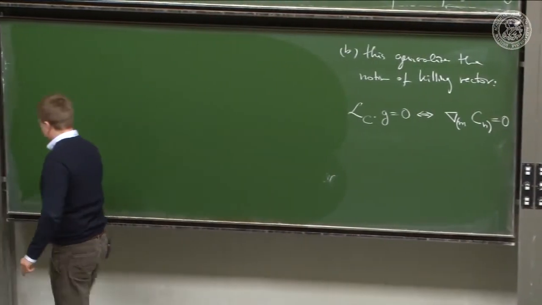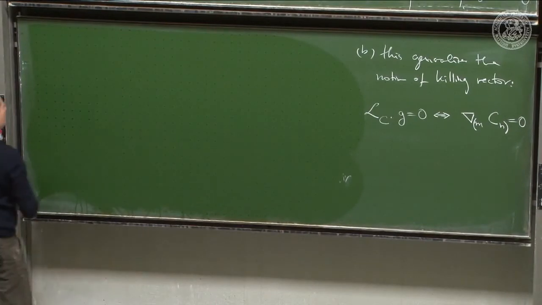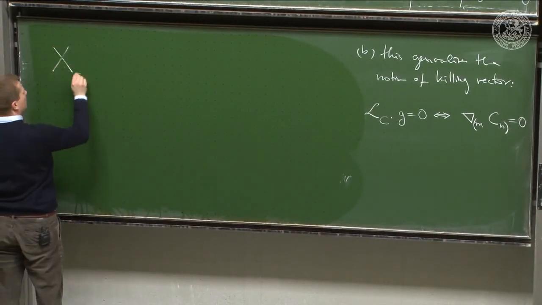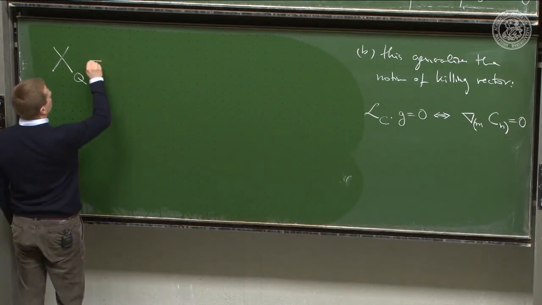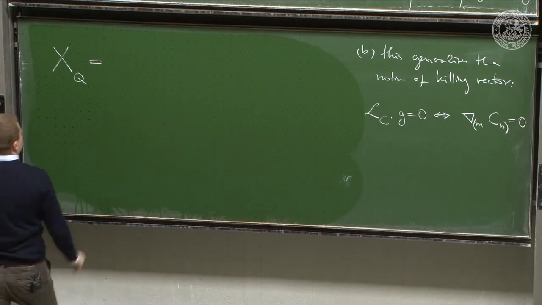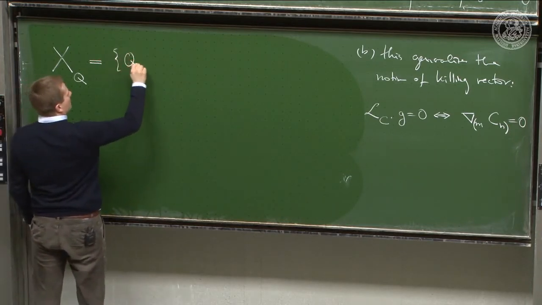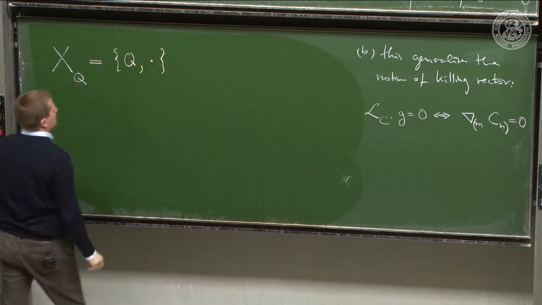In order to study that symmetry, we need to look at the vector field that's induced by the Q, the Hamiltonian vector field.